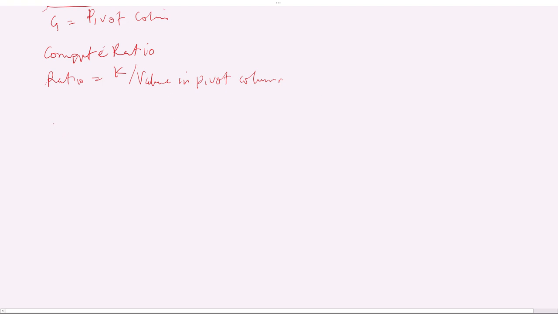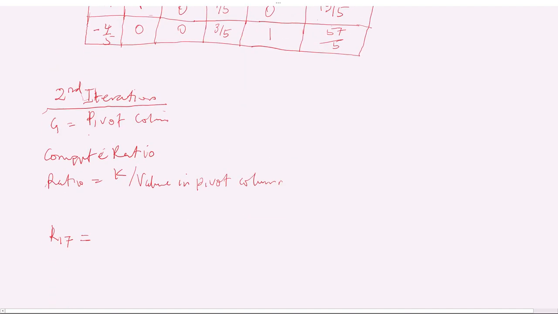The ratio for R17, the last one, with k being 14 over 5, is 14 over 5 divided by 7 over 5, which is equal to 14 over 5 times 5 over 7. So this equals 2, coincidentally.